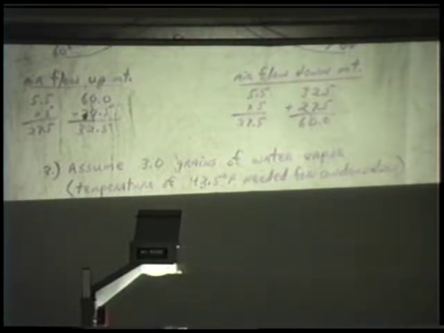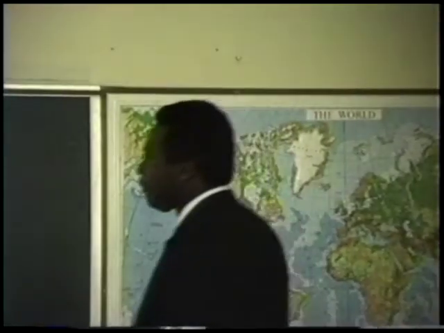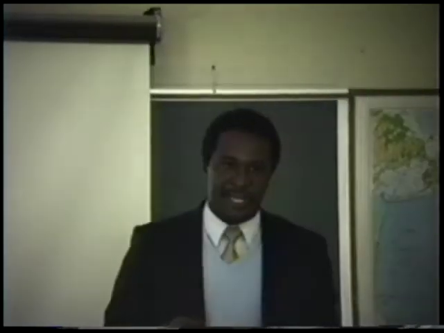The air with 3 grains of water vapor in it will need a temperature of only 43.5 degrees Fahrenheit in order for the air to condense the water vapor that's in it. And this is a very important difference in this example from the previous example.